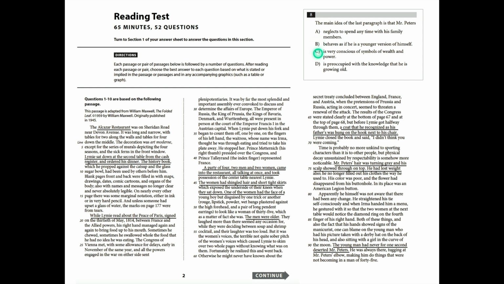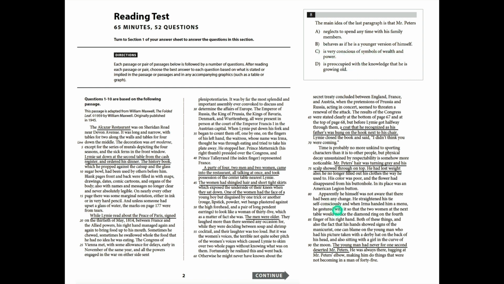Now, C, I think some students might be gravitating towards that answer. The idea of the last paragraph is that Mr. Peters is very conscious of symbols of wealth and power.